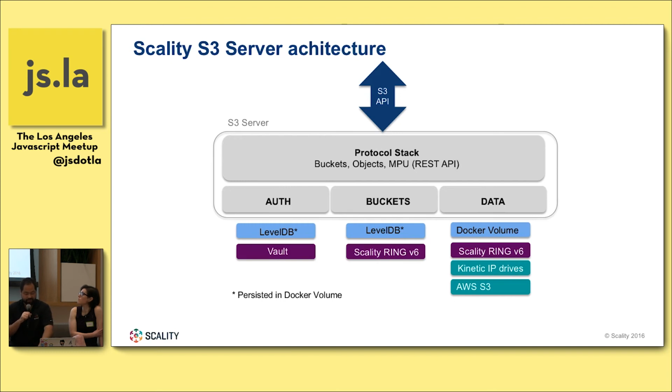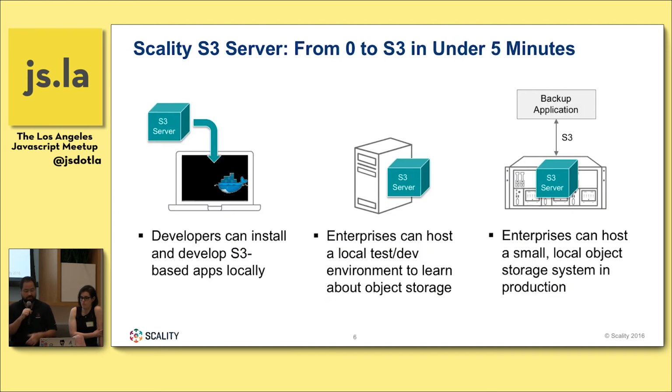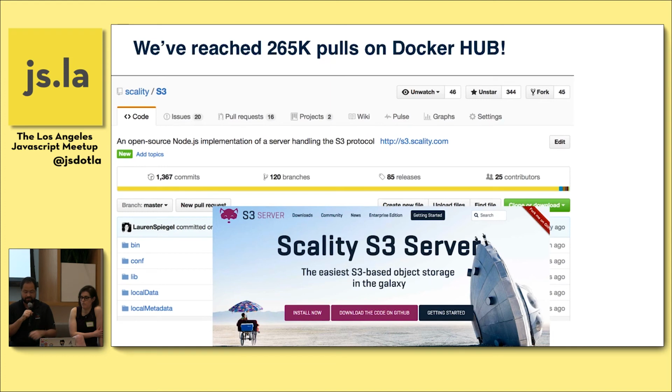So the S3 server is typically a Docker container that you start and you transform your laptop, a server, or anything into an object storage platform. This is on GitHub. The URL is at the end of the talk. And we're happy to say that we reached 256,000 downloads in 6 months. So pretty happy about the success.